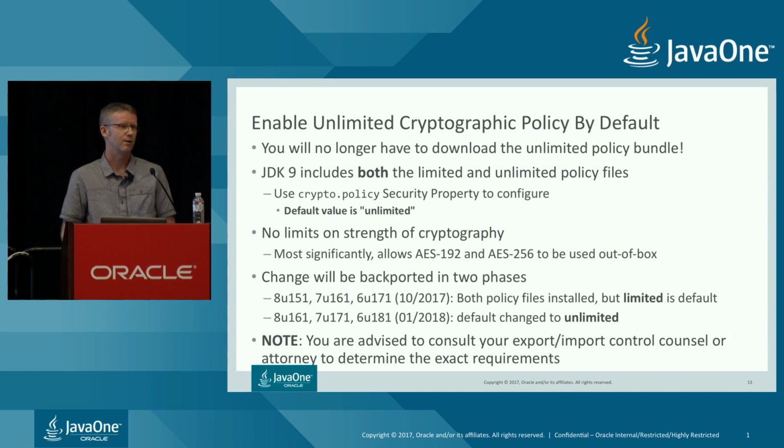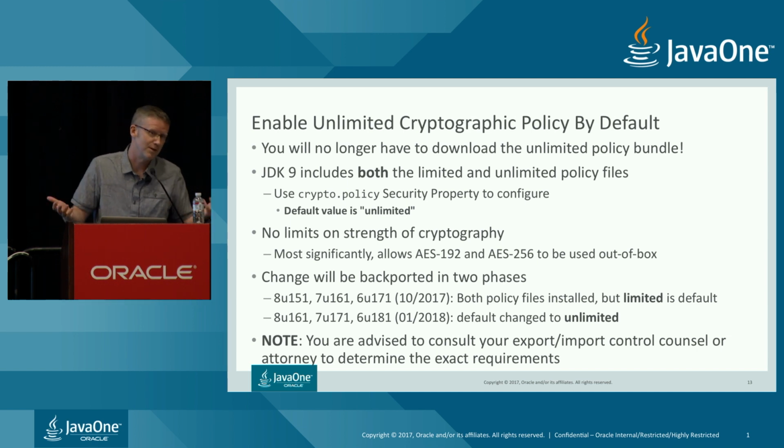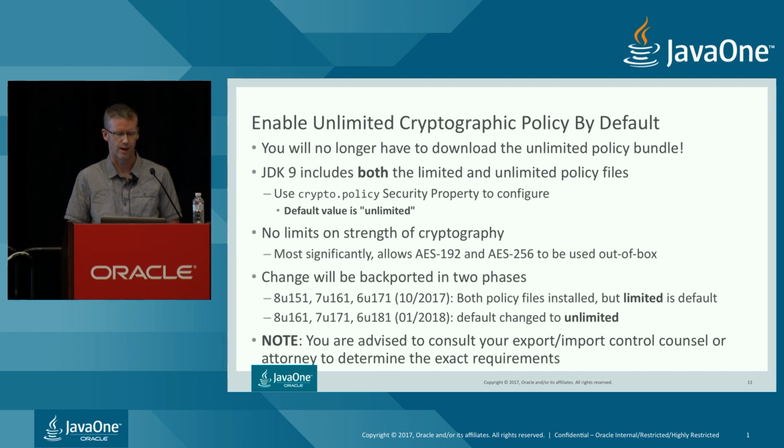However, the default value is unlimited. But if you want to change it to limited, you can. This means there's no limits on strength of cryptography. Out of the box, your application can use as strong keys as it wants, and they will not be blocked. Most significantly, the most apparent change will allow things like AES 192-bit and AES 256-bit to work out of the box.